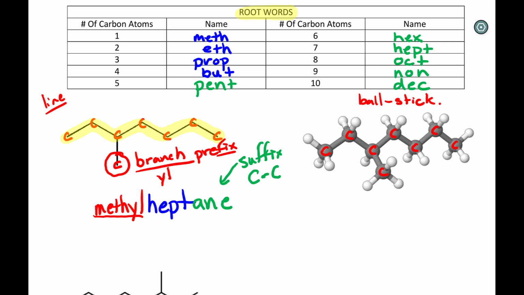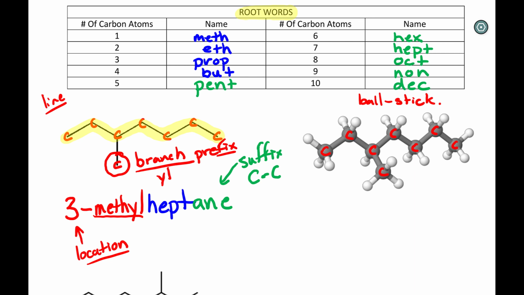Because of that, I have to give it a location to explain where the methyl group belongs. Since it's on the 1, 2, 3, third carbon, this is going to be called 3-methyl heptane, this being the location on the main or parent chain.